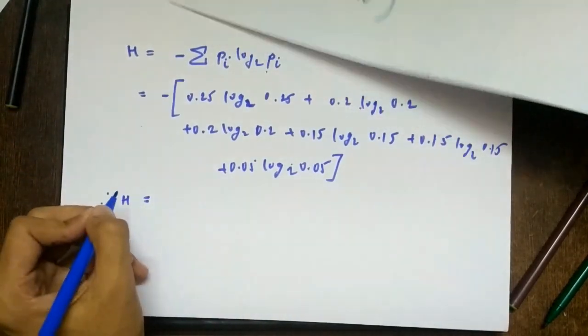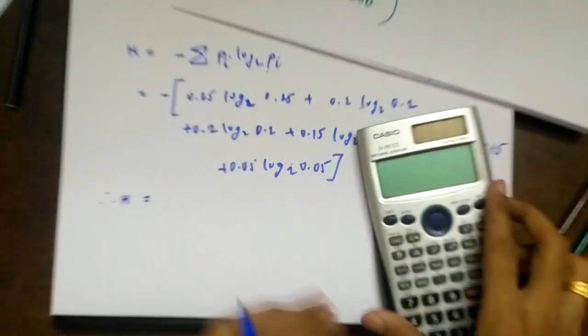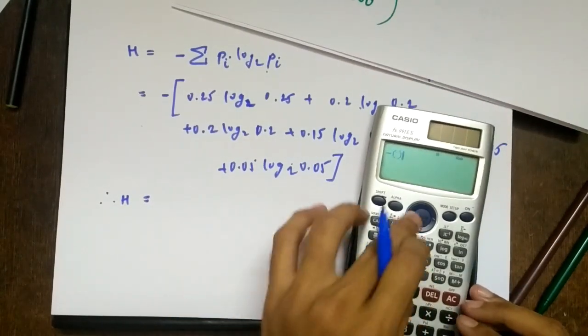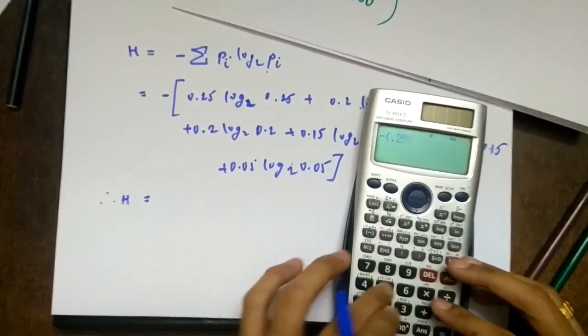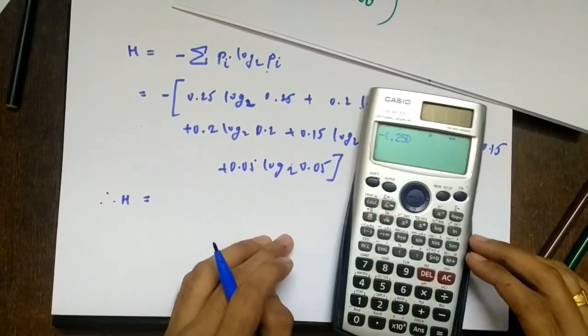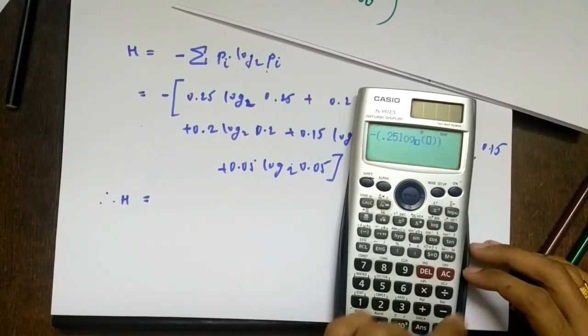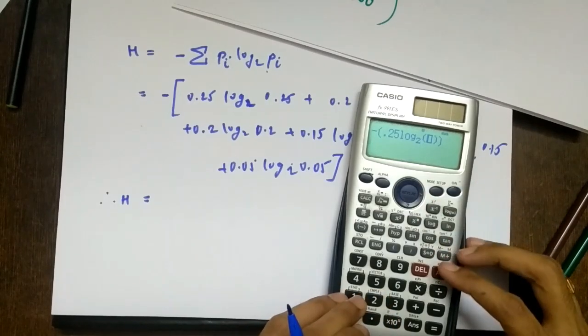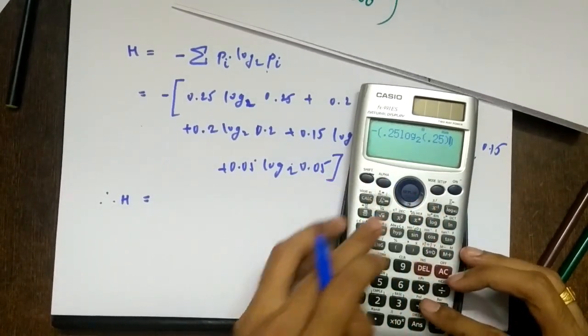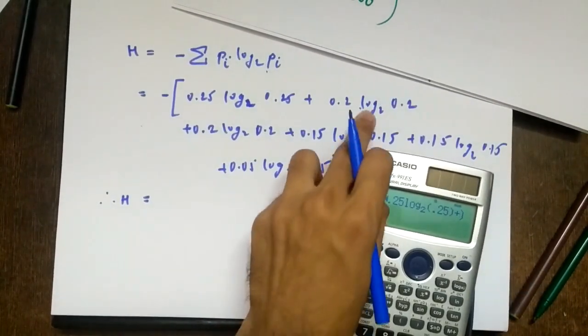So therefore H equal to minus, in bracket I'll put to avoid silly mistakes, 0.25 log to the base 2. How will you input that? Here is the button, log. So here you type base 2, 0.25 plus, and 0.2 is 2 times.